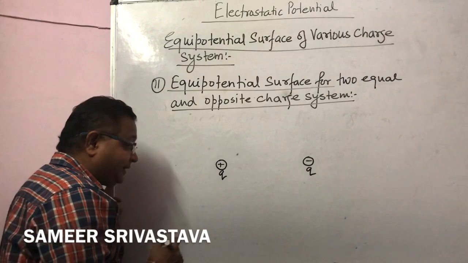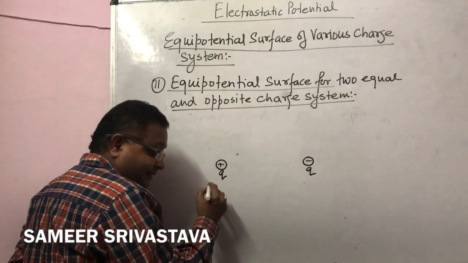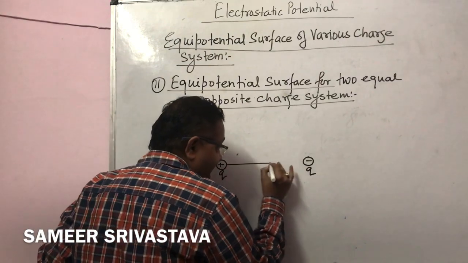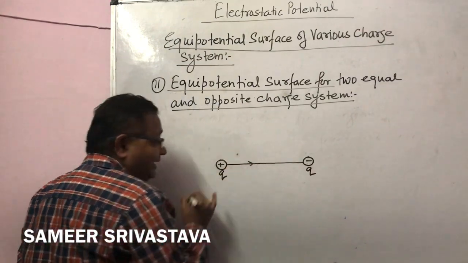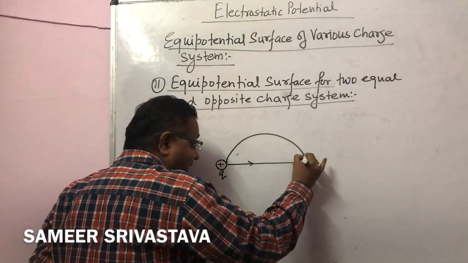We all know that electric field lines always start from the positive charge and terminate at the negative charge. So electric field lines are like this.